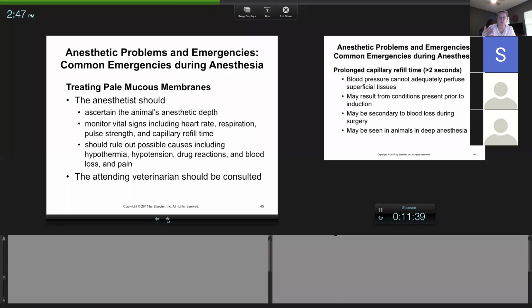What you can do is make sure they're not too deep, and then check their other vitals. Do they have a good heart rate and a blood pressure? If you have a pale dog and they have a crappy heart rate and a crappy blood pressure, I'm more concerned than a dog that's pale with a good heart rate and a good blood pressure, if that makes sense.